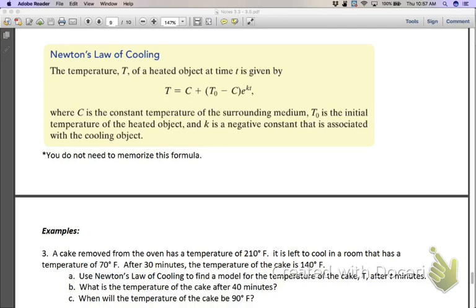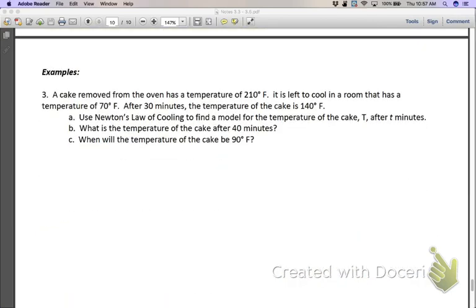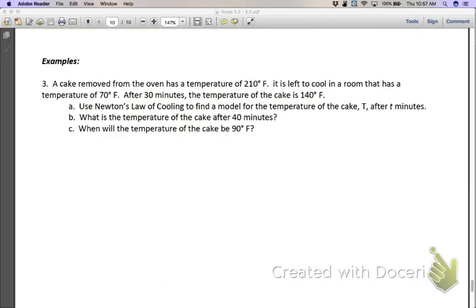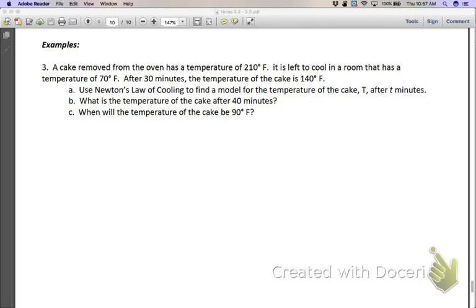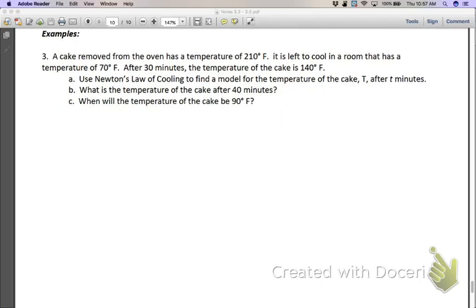We have a cake removed from an oven at a temperature of 210 degrees and left to cool in a room that's 70 degrees. After 30 minutes, the temperature of the cake is 140 degrees Fahrenheit. We're going to use the formula, and you do not need to memorize it. I need to know my initial temperature, which was 210 degrees, and my constant temperature, which is 70 degrees.